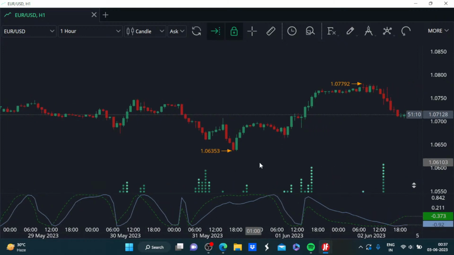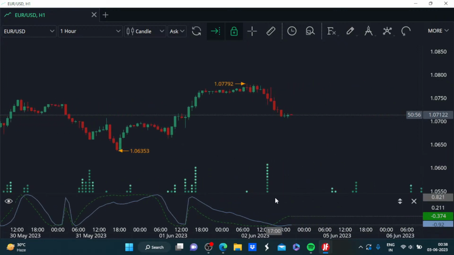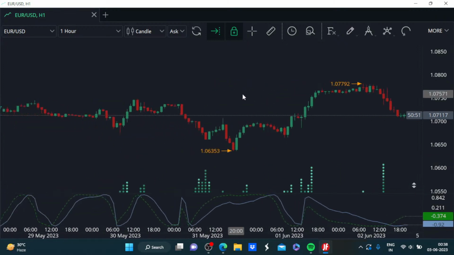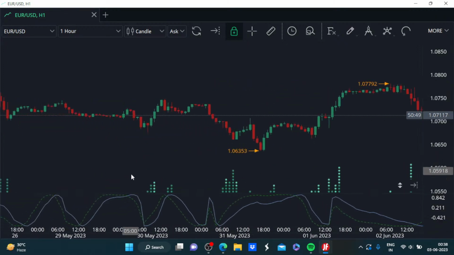And when the sine and the lead sine output values are in the negative territory with sine on the lower side than the lead sine, that is considered sideways with the bearish undertone. And when we have the sine and the lead sine in positive territory with the lead sine on the lower side compared to the sine, we consider it sideways with bullish undertone.